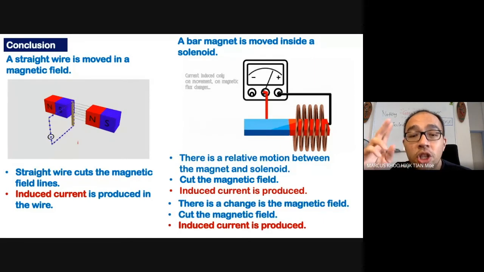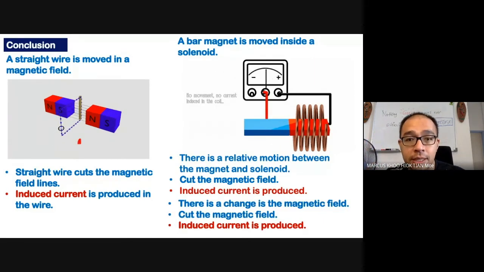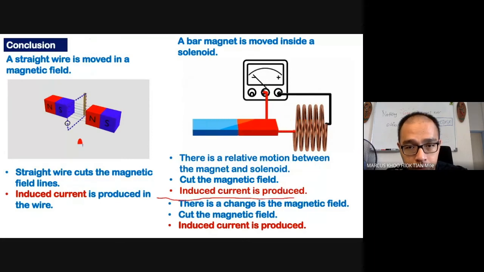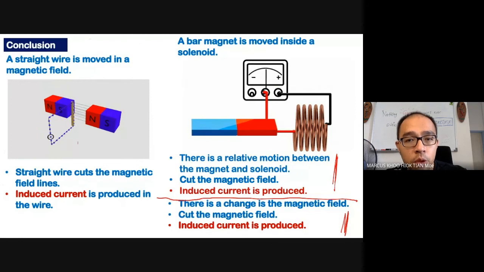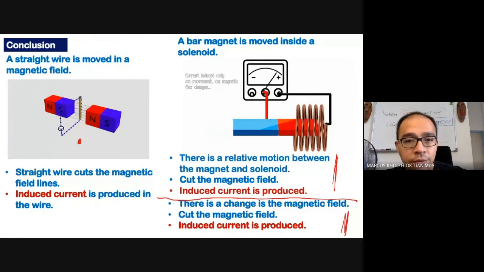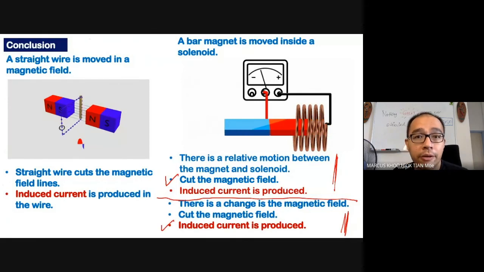Or there is a change in the magnetic field. You can say it both ways, either this or this. Both these explanations are acceptable. Relative motion produces a change in magnetic field, but whatever it is, there is a magnetic field cut, and the magnetic field cut will produce an induced current.